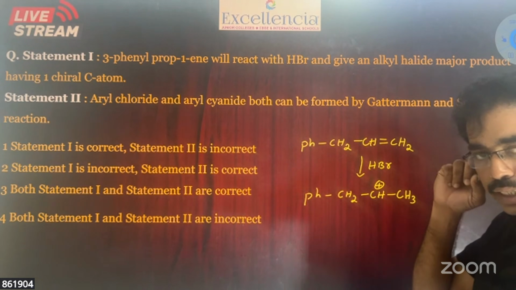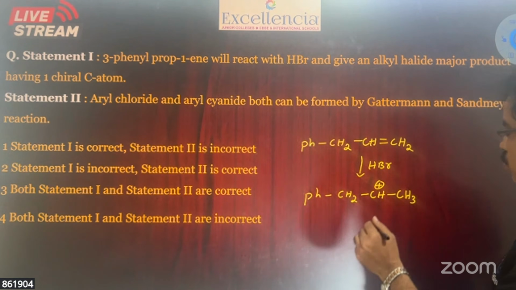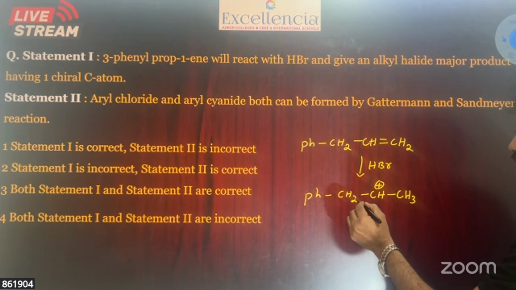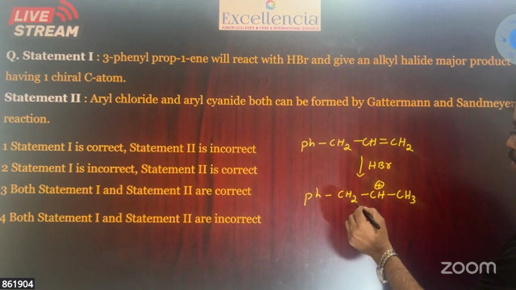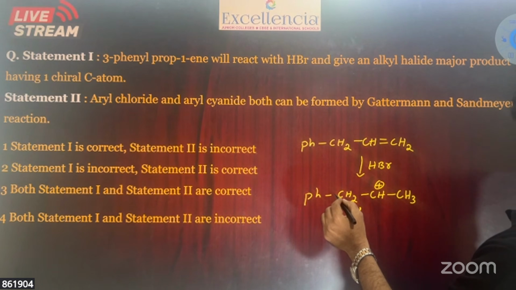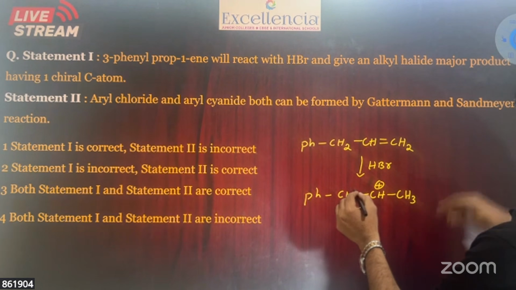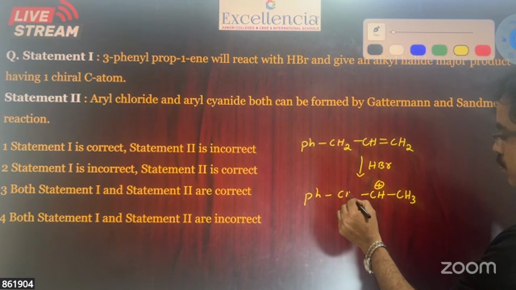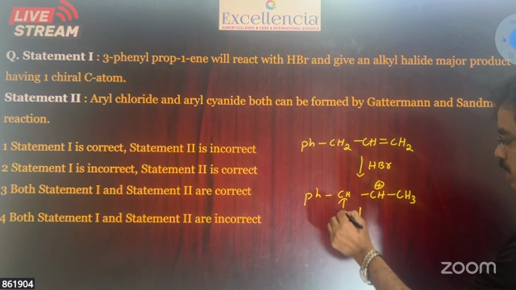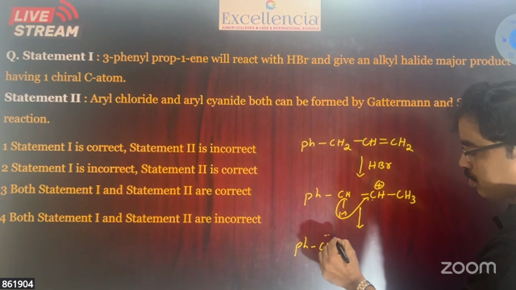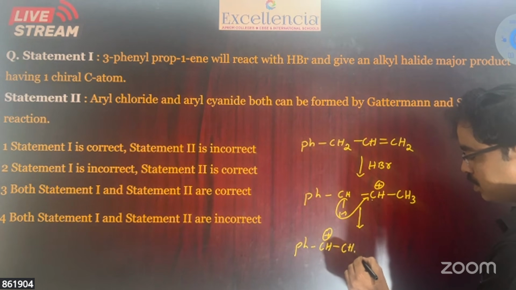The electrophile will attack the carbon having more hydrogens, and then rearrangement is possible here. Therefore, hydride transfer takes place, and the hydride is transferred to the carbon so that we get the stable carbocation.